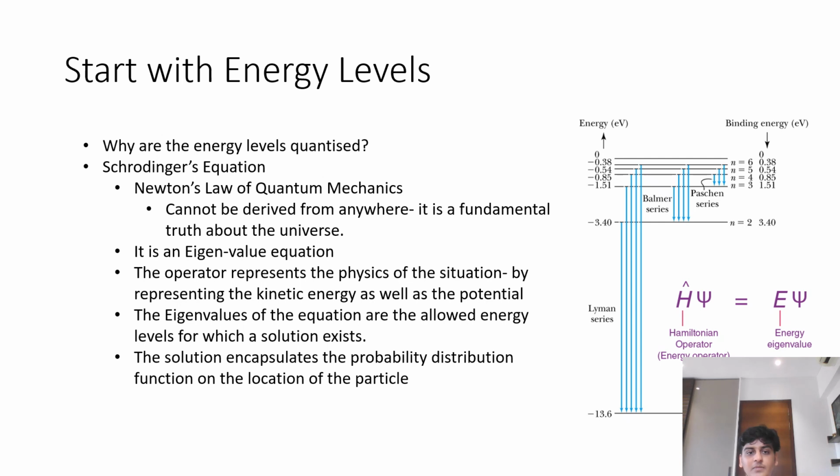This is the summary and TLDR of this. If any of this is confusing to you, you can go back and watch it again. It is going to be slightly confusing, but I just want you to take the takeaways from this slide and develop some basic intuition as to why we have energy levels, right?